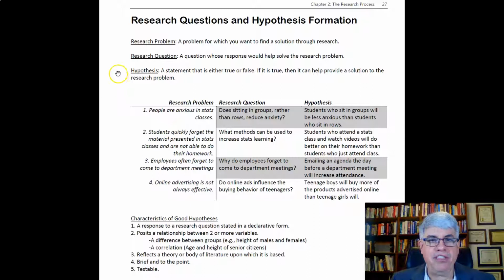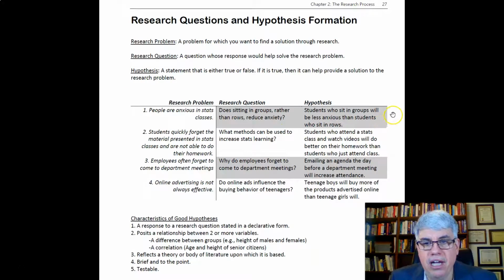And then a hypothesis is a statement that's either true or false. And if it's true, then it can help provide a solution to the research problem. So it's something that we want to get evidence for or against so that we can say that this is true, therefore we can use this information to answer our research question.